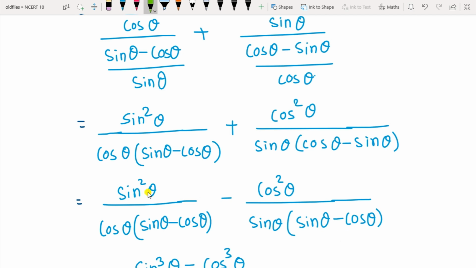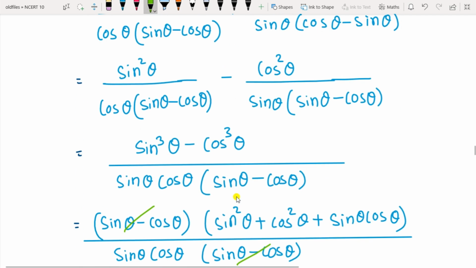Now for the denominator, take the LCM of the denominator. It will be sin theta cos theta and the bracket, and in the numerator it will now be sin cube theta minus cos cube theta.